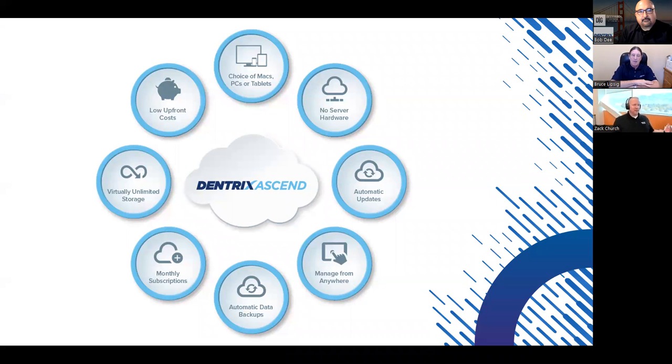So Ascend is cloud-based. What that means is if you have Chrome, you've got everything in the practice management system. You can access it from anywhere. It doesn't matter if you're on a Windows PC or Mac or a tablet. If you have something that can run Chrome, you can run Ascend. You also have the convenience of accessing it from anywhere, whether you're in an airport, or a cafe, or a home office.